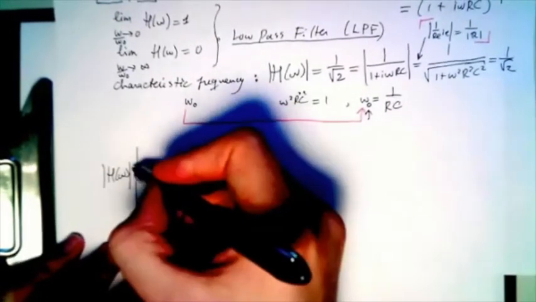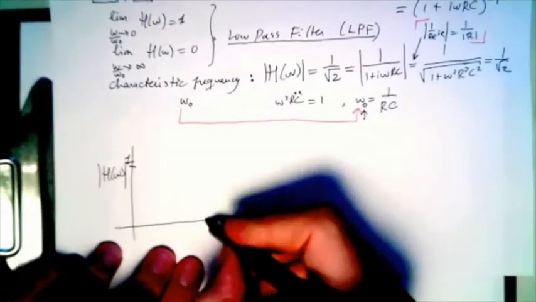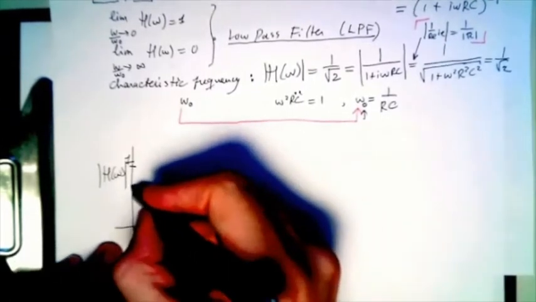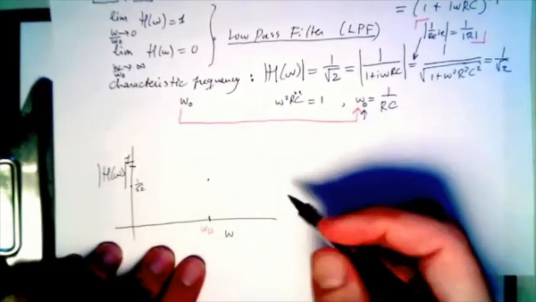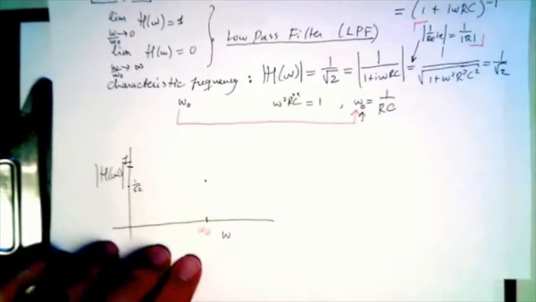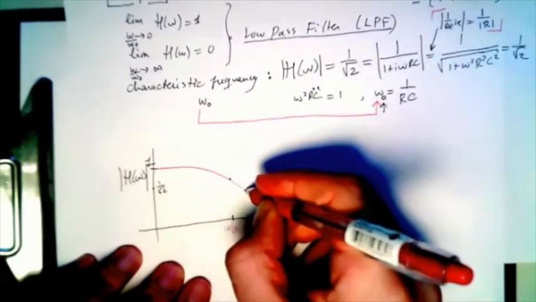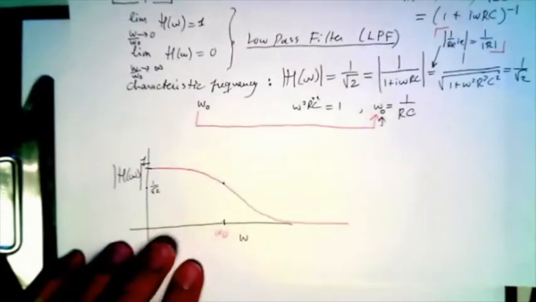So this is low pass, so it starts here at 1, and then there's this point here, omega naught, where it goes through 1 over root 2, that's here, and then afterwards it goes to 0. So that's something like this. Okay, so that's the transfer function.